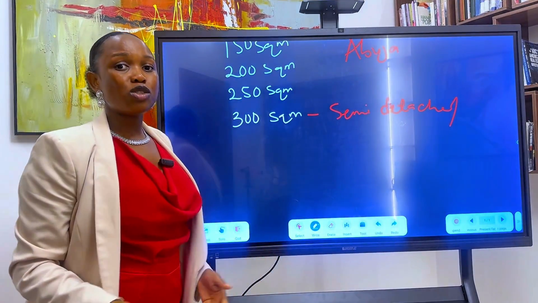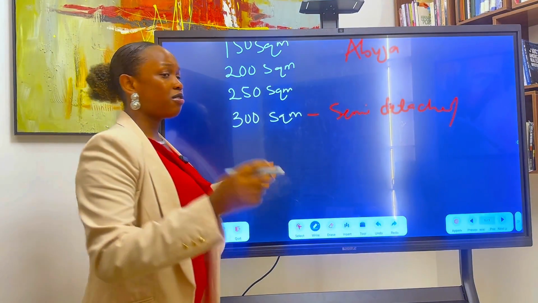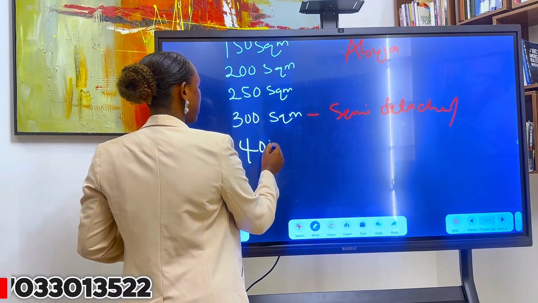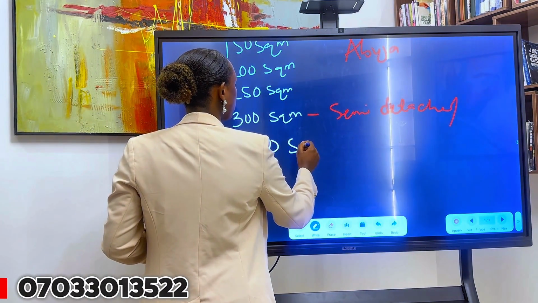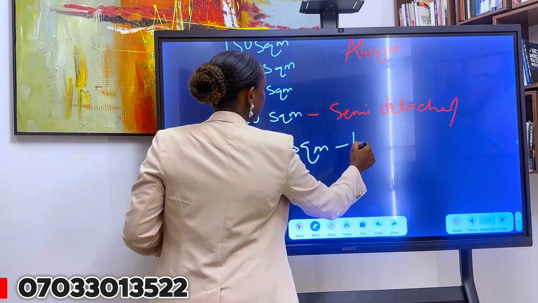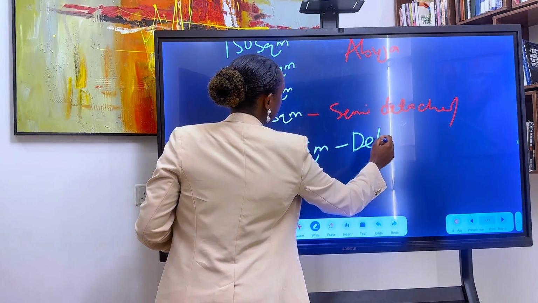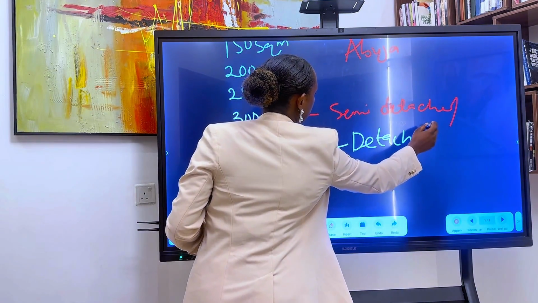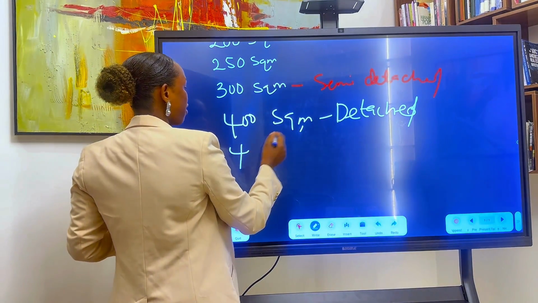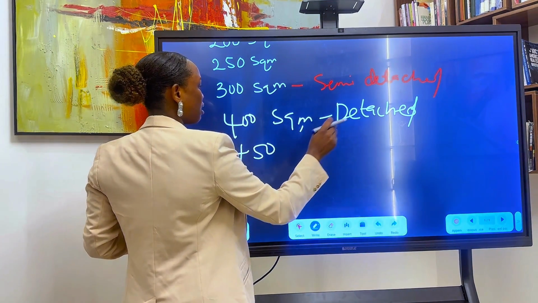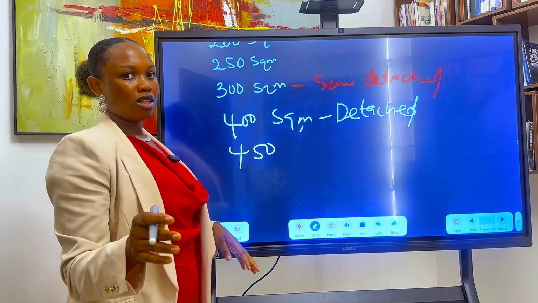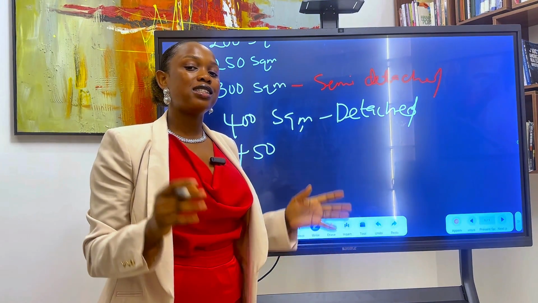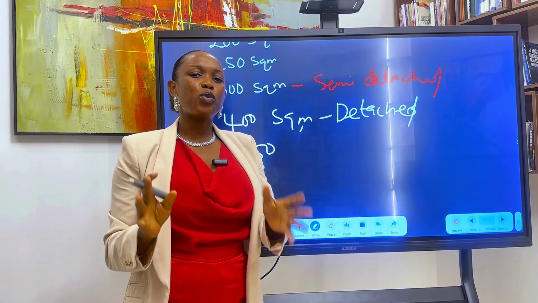We have 350 to 800, 1000. You have detached duplex. So based on design, you can use 400 square meters as detached duplex. 450, 500 can be used as detached duplex. 750, depending on the allocation and the size of land and also your purpose.